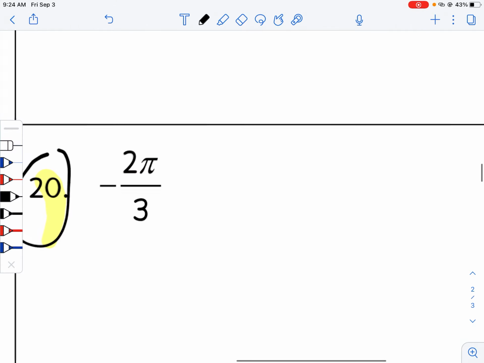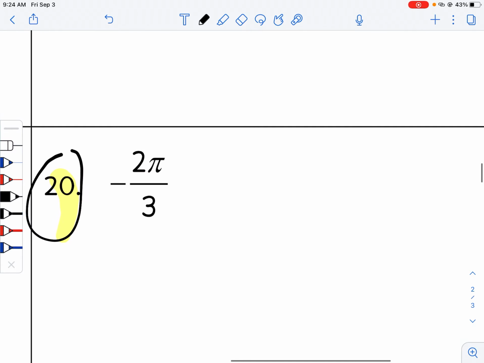So if I want to turn this into a positive angle, I can either look at my unit circle and go backwards around the circle, or I can add 2 pi to it, just like we would add 360 if it was in degrees. Now, for this one in particular, I can't just add 2 pi because it's a fraction. I have to have common denominators. So I would actually want to add 6 pi over 3, right? Because that would be the equivalent of 2 pi, and now they have common denominators.